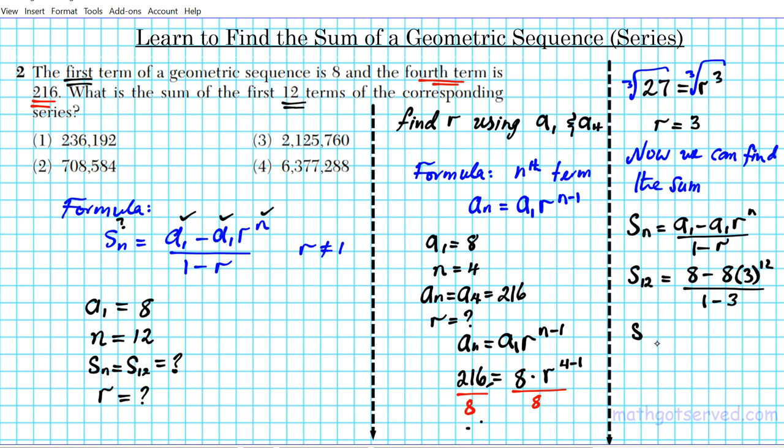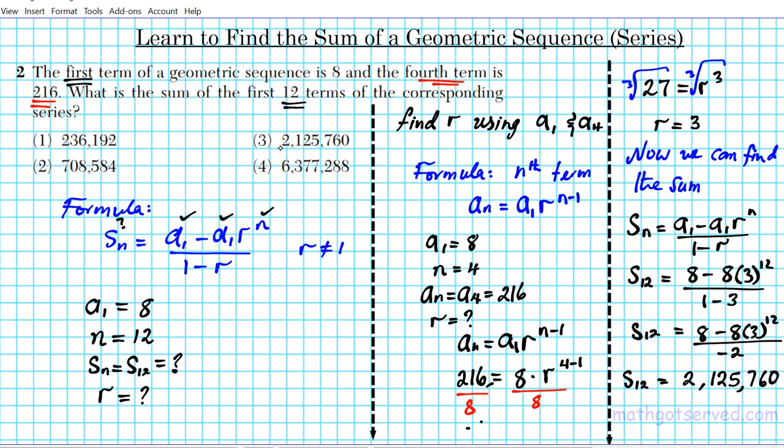Just to make your life easier, you can simplify the denominator, 1 minus 3, to negative 2. When you plug this in the calculator, if you plug it in correctly, you should get 2,125,760.